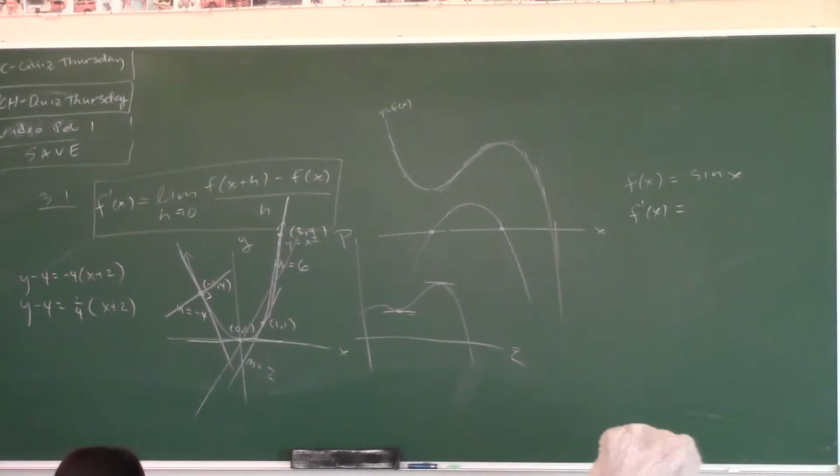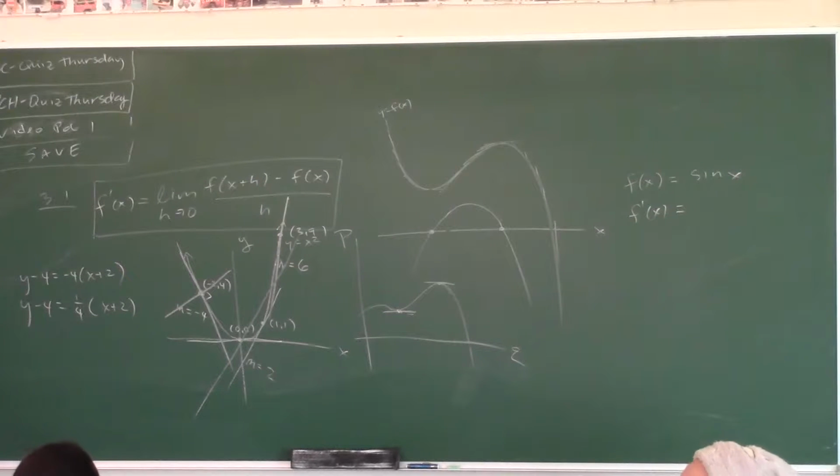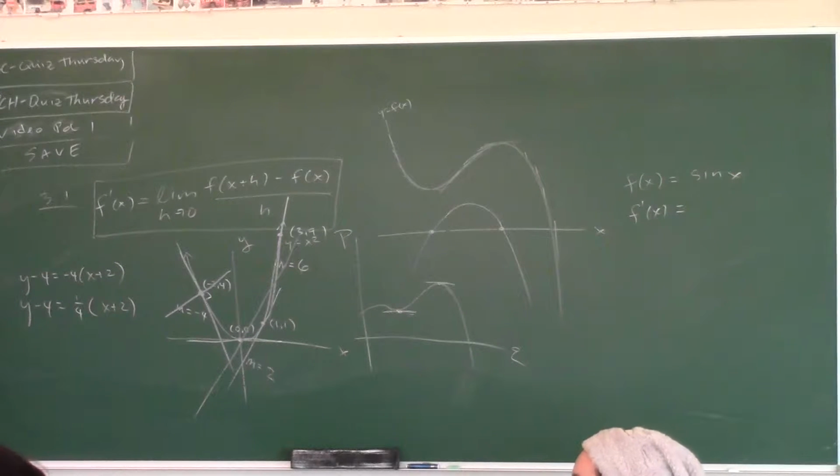Take out your calculator. Since we're doing trig functions, make sure you're in radian mode, because if you're not, you're in trouble. So how do you tell your calculator to graph the derivative of sine x? Press options, then the calculus button, that's F2.